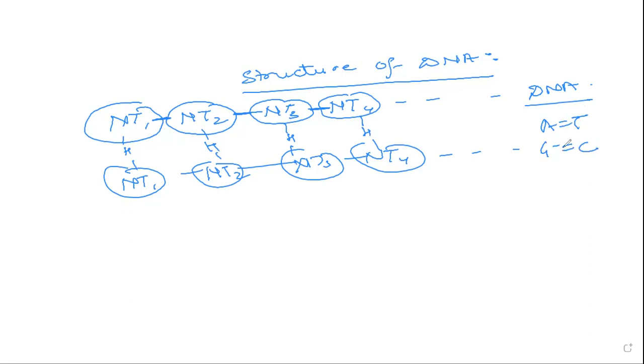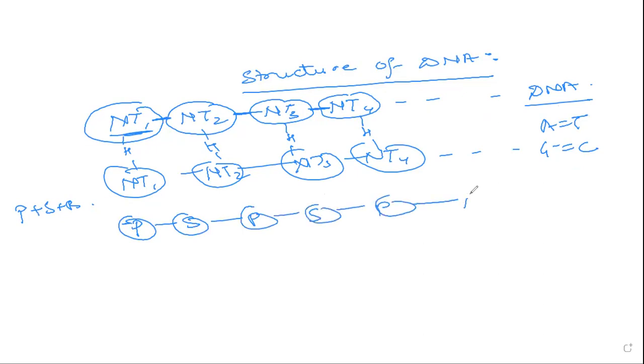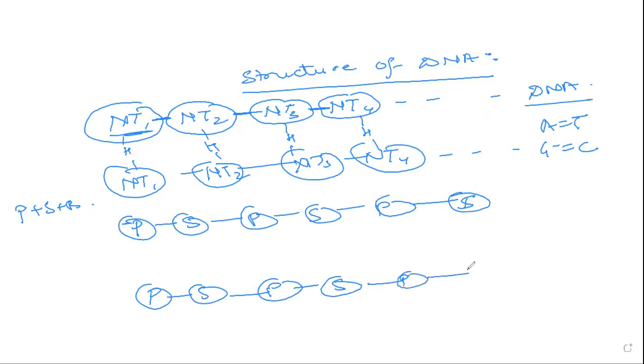Now, let me explain this in a better way. A nucleotide is made up of a phosphate plus sugar plus base. So we have a phosphate and sugar backbone: phosphate, sugar, phosphate, sugar, in this way. Similarly, another chain will also have phosphate, sugar, phosphate, sugar.